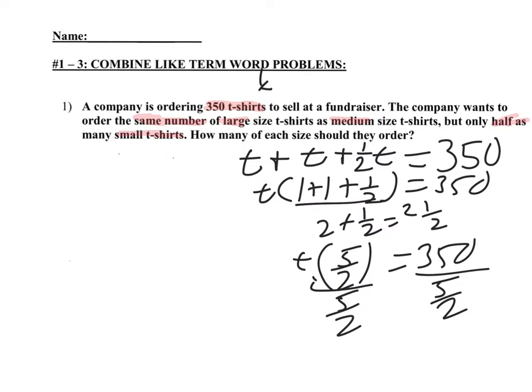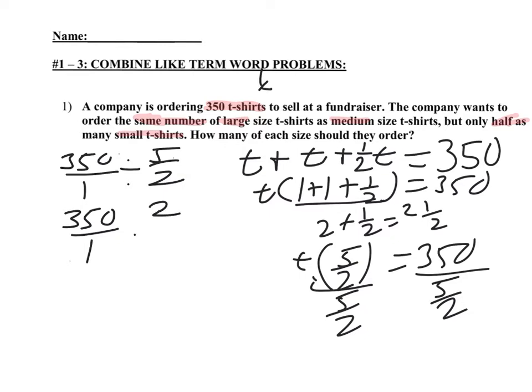Alright. So 350 divided by 5/2. We can set 350 over 1 divided by 5/2. And with keep, change, reciprocal, we know that really this is 350 times 2/5.